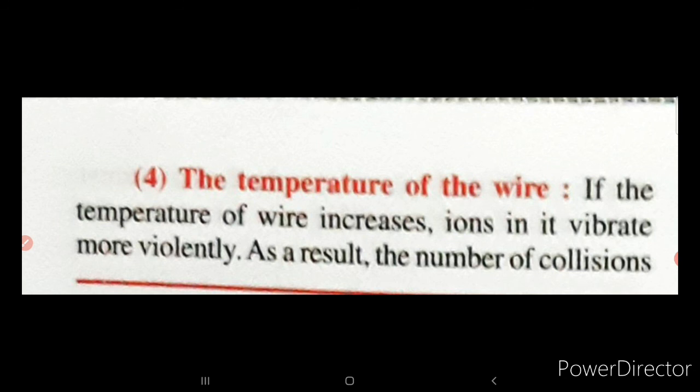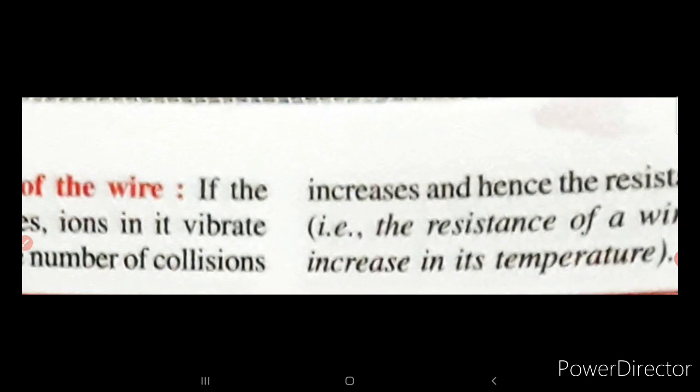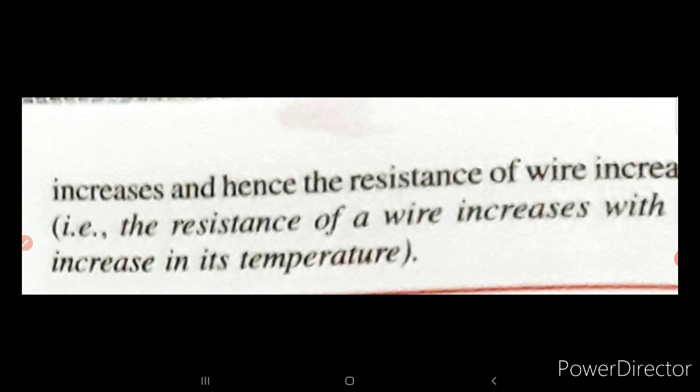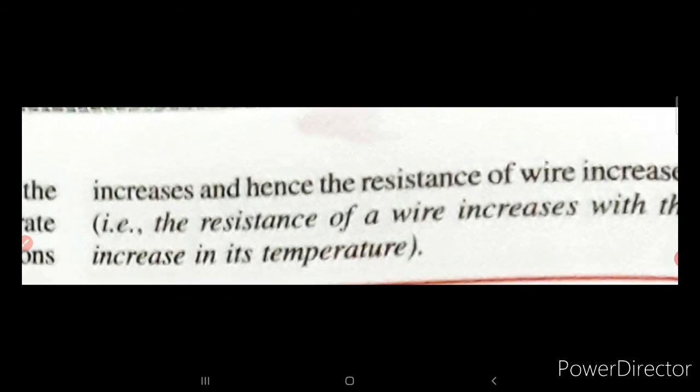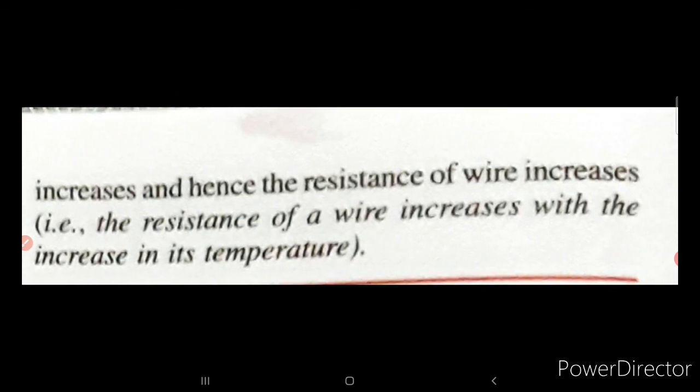As a result, the number of collisions increases, and hence the resistance of the wire also increases. That is, the resistance of a wire is directly proportional to the increase in temperature. If the temperature increases, the resistance of the given wire also increases.